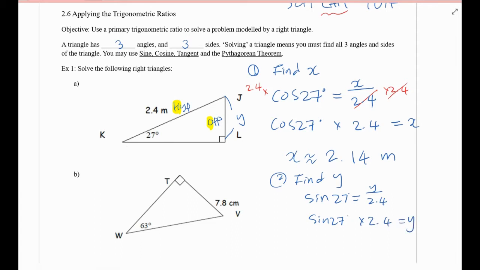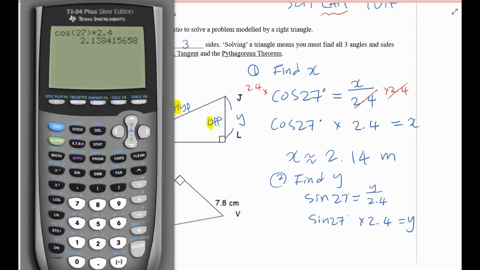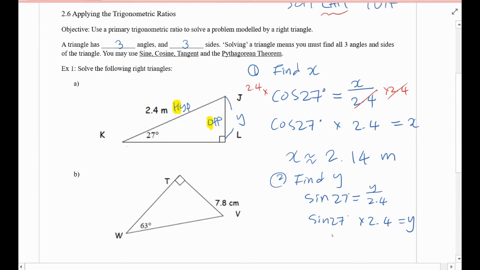Let's put this into your calculator. Sine 27 times 2.4, that is 1.09. If you keep 2 decimals, it's 1.10. So y equals 1.10 meters. Okay, we found x and we found y.